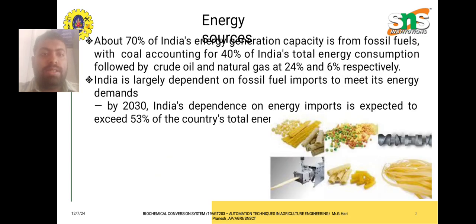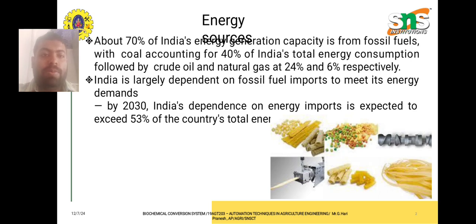In this class, we will be seeing the various energy sources required in food processing. About 70% of India's energy generation capacity is from fossil fuels, with coal accounting for 40% of India's total energy consumption, followed by crude oil and natural gas at 24% and 6% respectively.